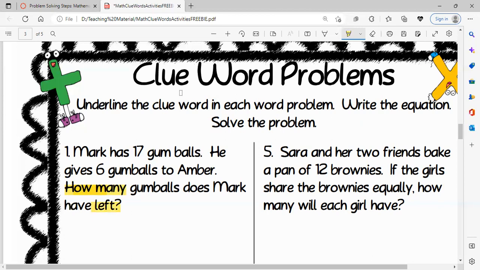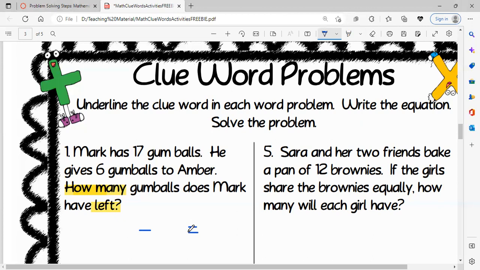What equation can we write to solve this problem? Anyone tell me? You can type it in the chat as well. Subtraction. No, tell me the equation that includes the subtraction. So we know left tells us we should subtract, so we can put the subtract here and we can put the equal sign, right?